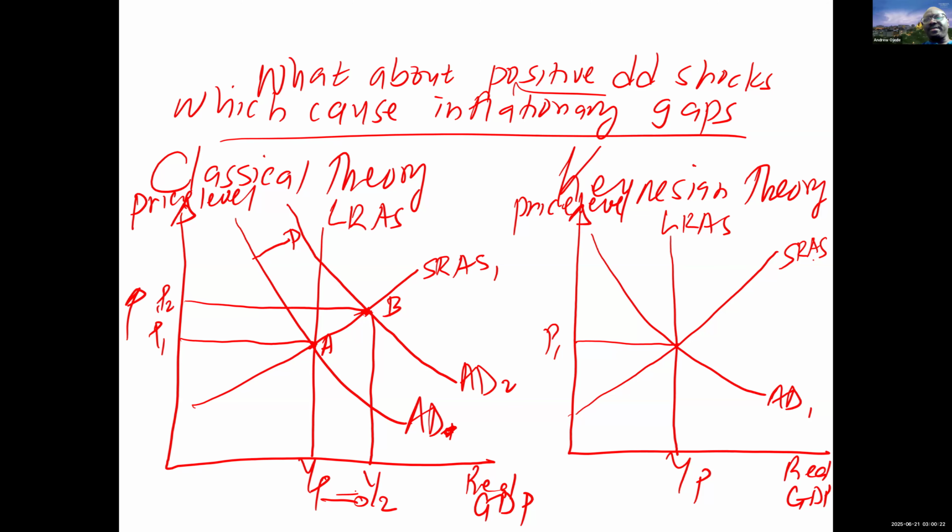We talked about this. Same thing here. We're all starting at point A. The economy is hit by a positive demand shock. So we end up at this point, short run equilibrium, where we are producing beyond full employment and price rises.